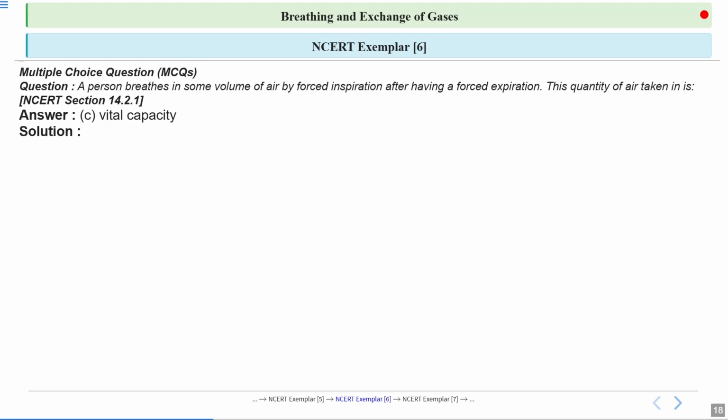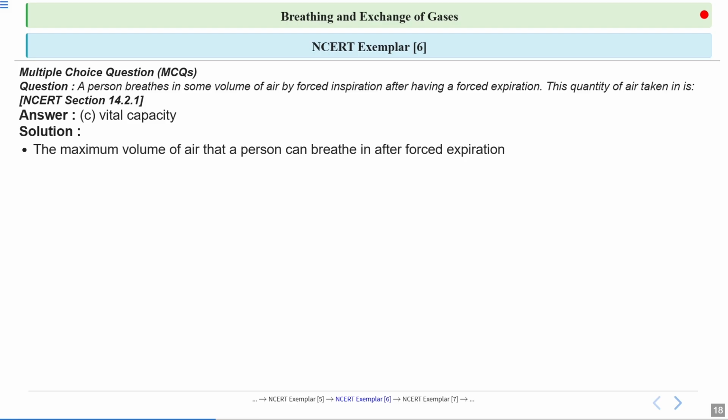Vital capacity is the correct answer, option C. The maximum volume of air that a person can breathe in after forced expiration. If you have read volumes and capacities, then only you will be able to answer this question, right?